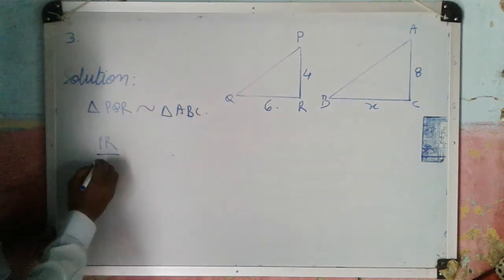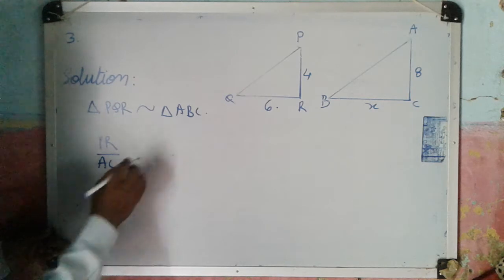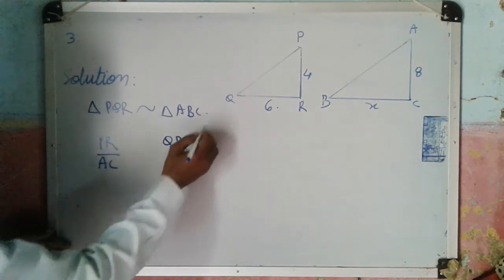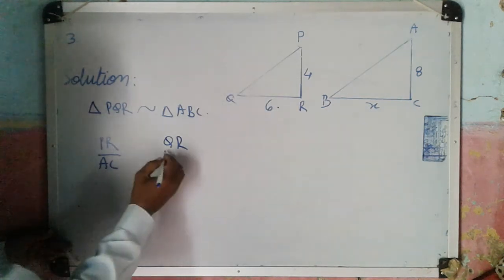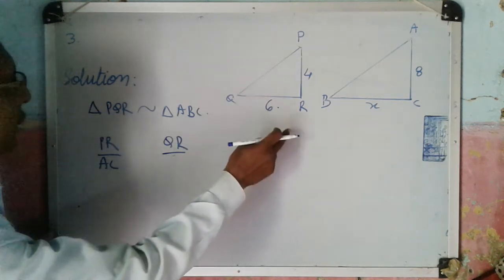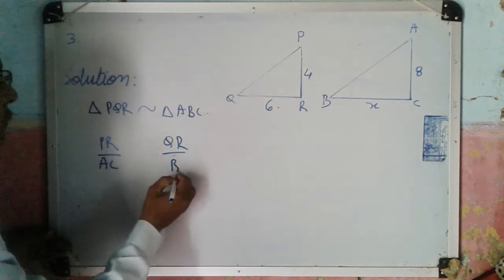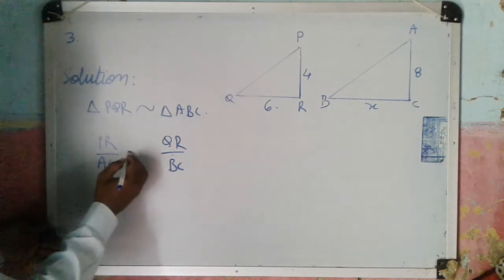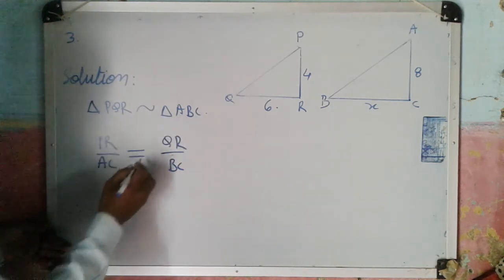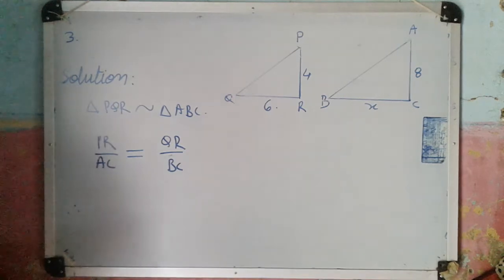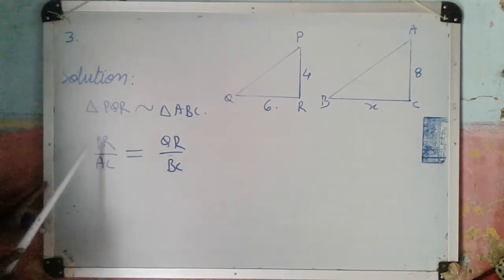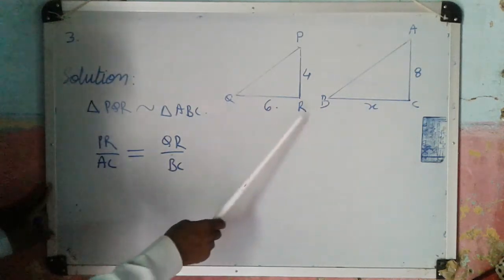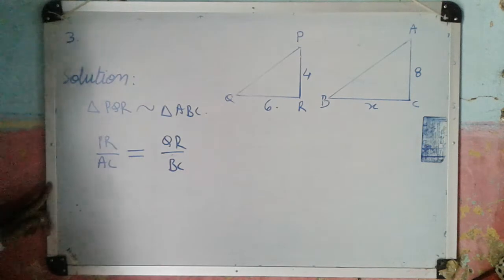Another pair of corresponding sides is QR, and the corresponding side of QR in triangle ABC is BC. If triangles are similar, then these ratios are equal. That means PR upon AC is equal to QR upon BC.